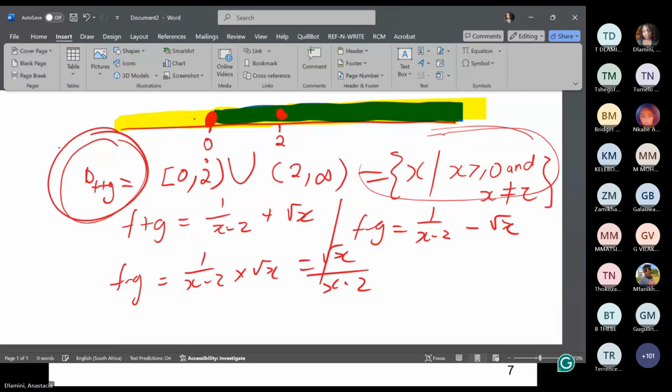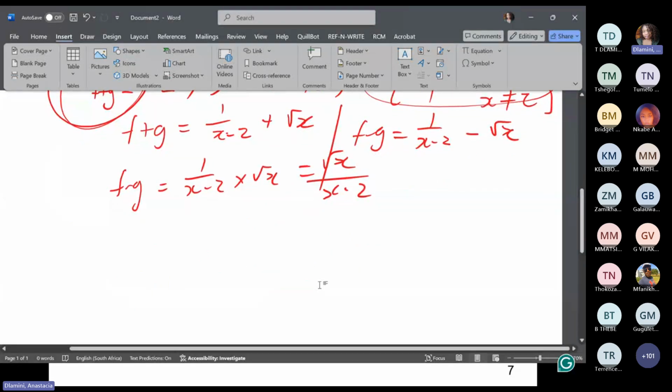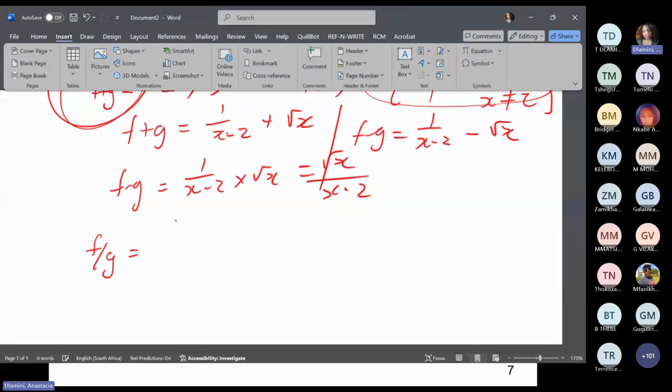But now listen to this. Now f divided by g is equals to 1 over x minus 2 divided by the square root of x, which is equals to 1 over x minus 2 times 1 over square root of x. So this is equals to 1 over the square root of x times x minus 2. Right?